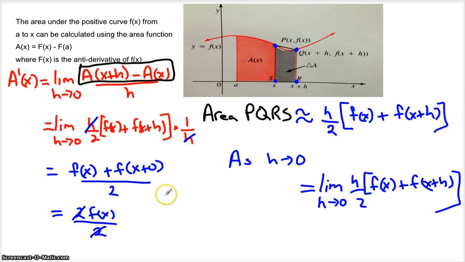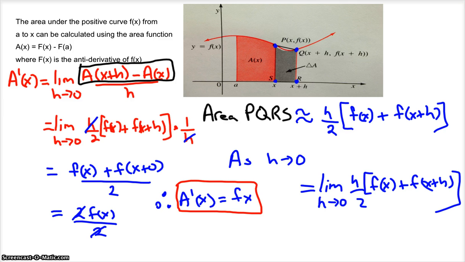So let's write that down. Therefore, A prime at x is equal to f at x. Okay, so we have our result here. Now, if we take the antiderivative of both sides here, the antiderivative here is just A at x.